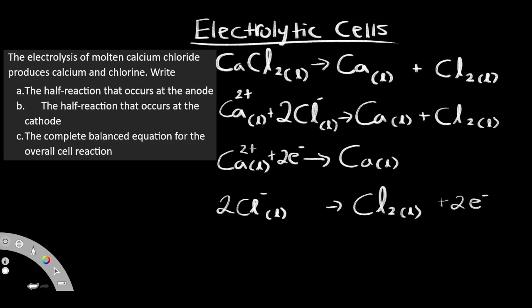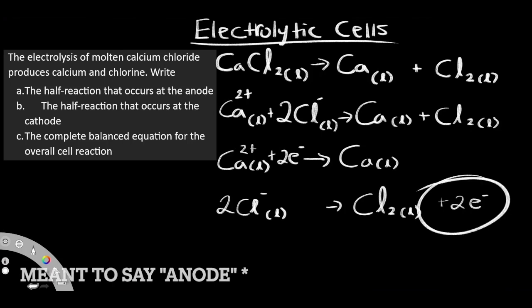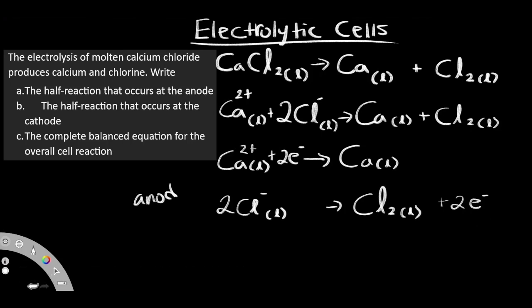So now it's done. Let's identify which one is the anode and which one is the cathode. Obviously, anode is when it loses electrons, so that's what we see over here. This here is the anode, and obviously it is the positive electrode. This one here would then have to be the cathode, which makes sense because there are 2 electrons on the reactant side, not the product side.